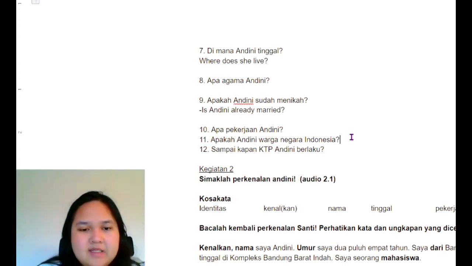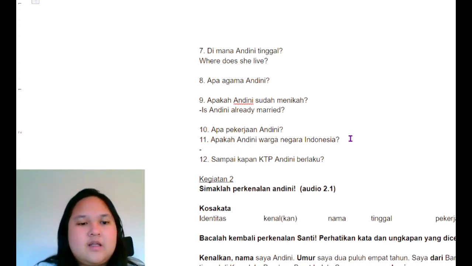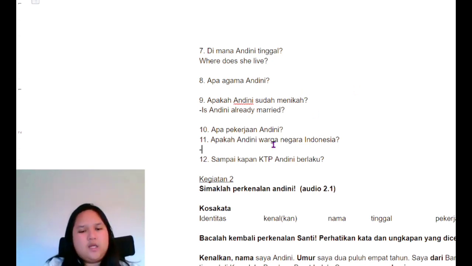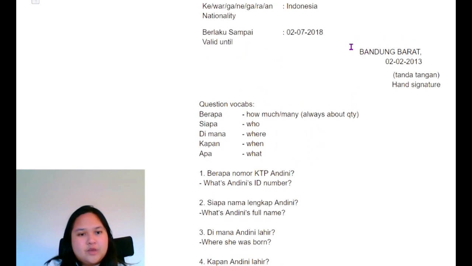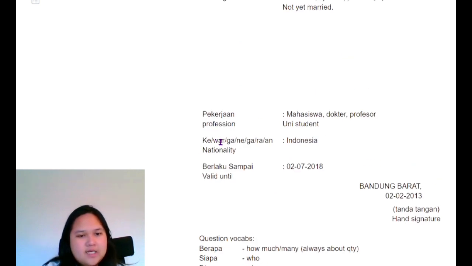And maybe number 11, it's a bit weird here. Apakah Andini warga negara Indonesia? We don't know what is warga negara, but we do know kewarganegaraan. It's actually kind of similar, I would say.